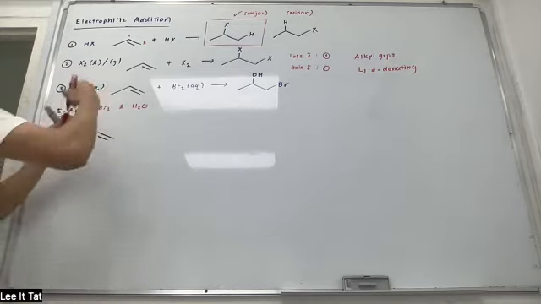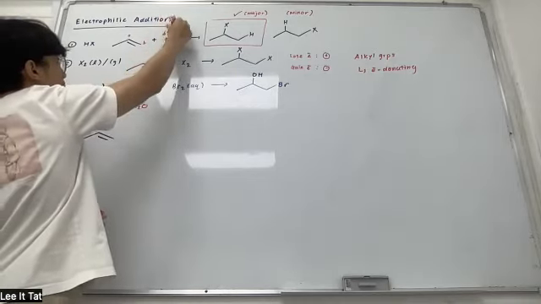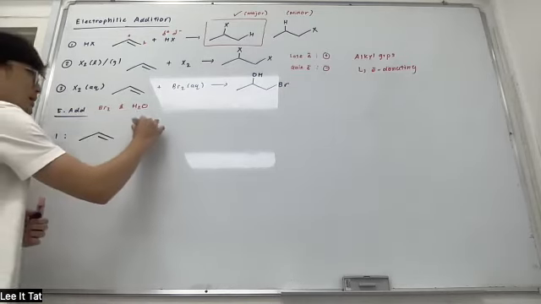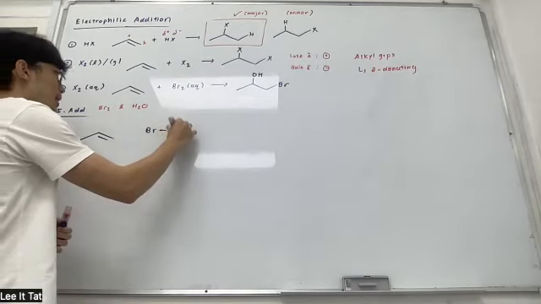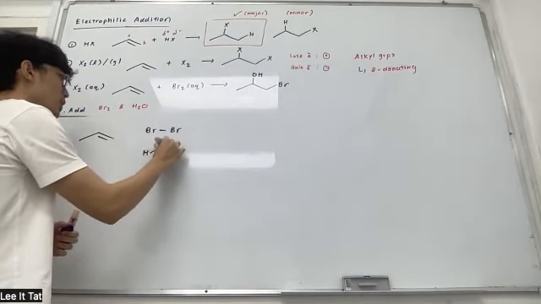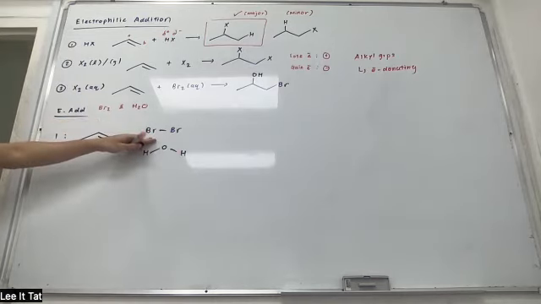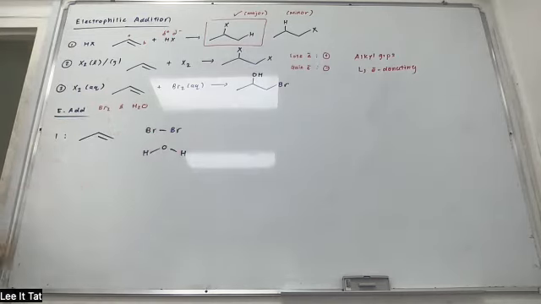Like as I said just now, in HX, H is partial positive, X is partial negative, right? Any partial positive here? Let's just identify. Br2, is there any partial positive? Let's just put a Br2 here side by side, and I draw water also. Here will be water. Remember when you put Br2 like this, standing alone, it is non-polar, right? So it won't have partial charges.